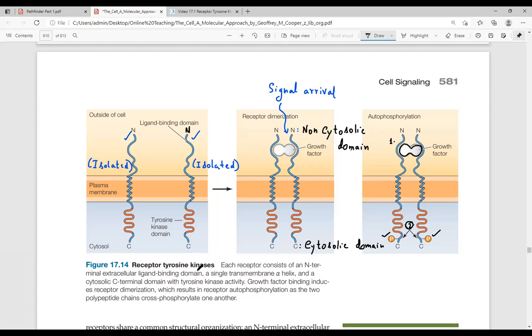Each receptor consists of an N-terminal extracellular ligand binding domain, a single transmembrane alpha helix. Okay, this is entirely an alpha helix. Why is the alpha helix present at the internal side of this particular structure? Alpha helix is always present in the internal transmembrane protein structure because alpha helix does not require any external hydrogen bonds.